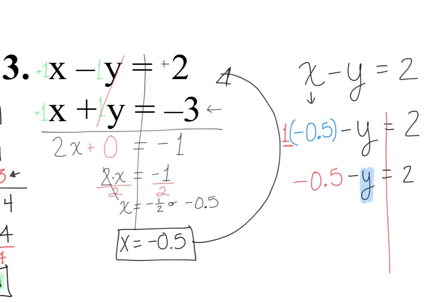So let's get rid of that negative 0.5 first, because that's further. So I'm going to add 0.5. Notice that I'm still doing additive inverses. Add 0.5, and that negative and a positive means I subtract, so that's how I get 0.